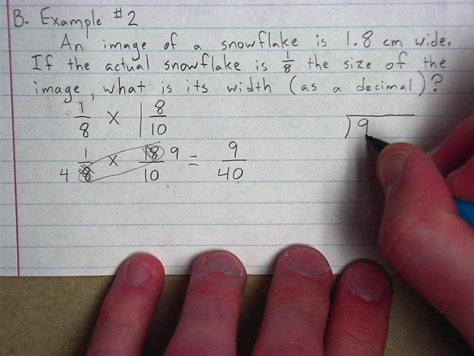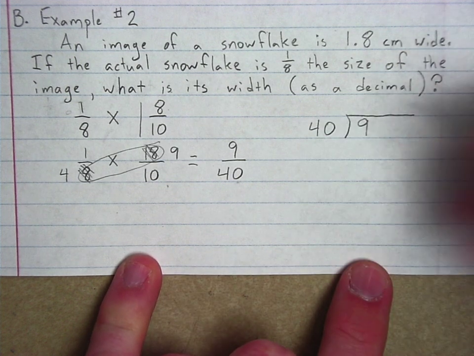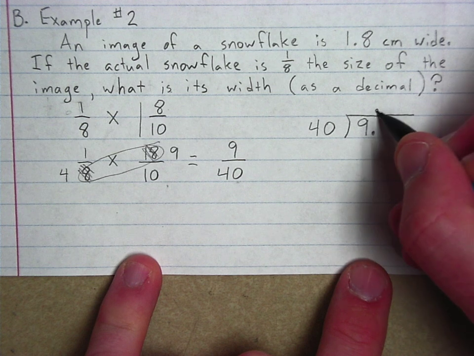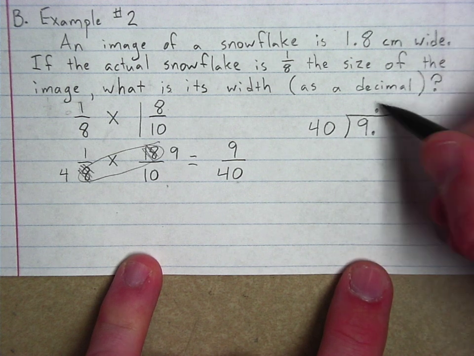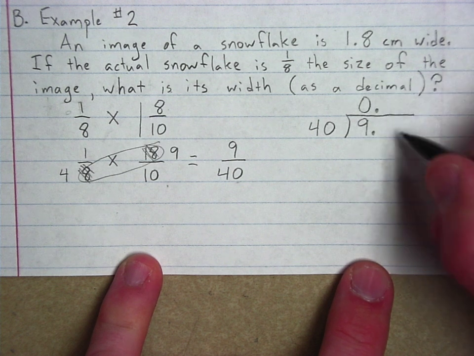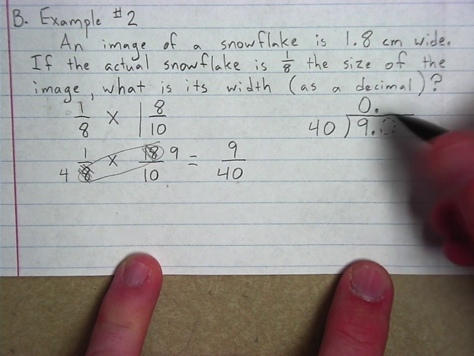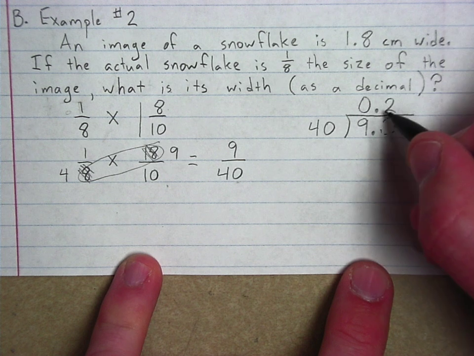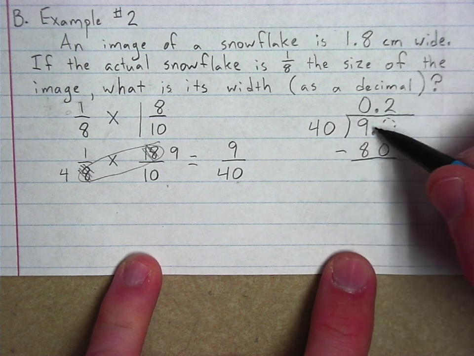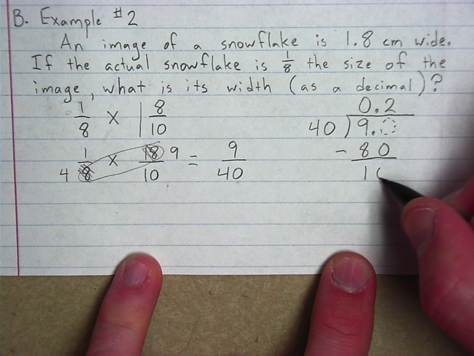Ooh, this will be fun. 9 divided by 40. Well, it's not going into 9, so I may as well just add my decimal, my invisible zeros now. I will put that 40 goes in 0 times. Invisible 0, 40 goes in twice. 2 times 40 would be 80. 90 minus 80 would be 10.